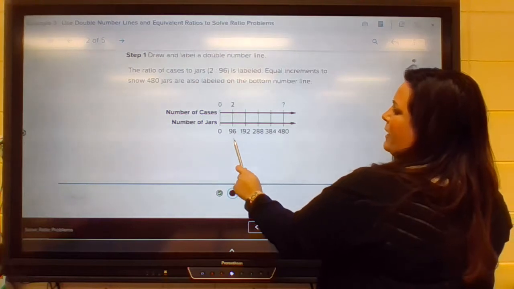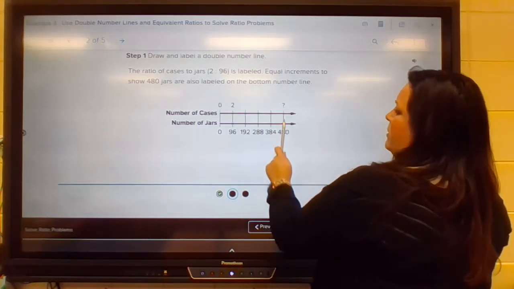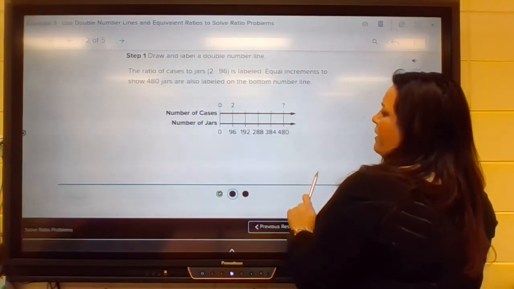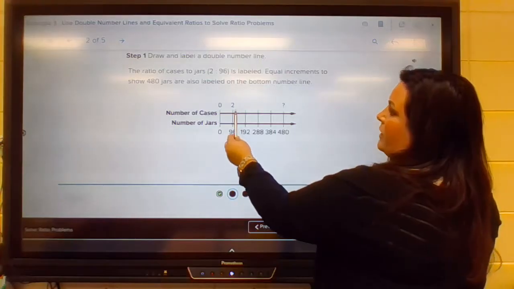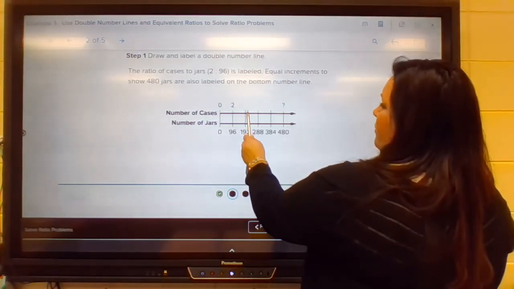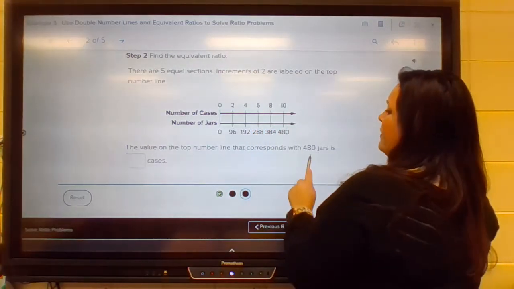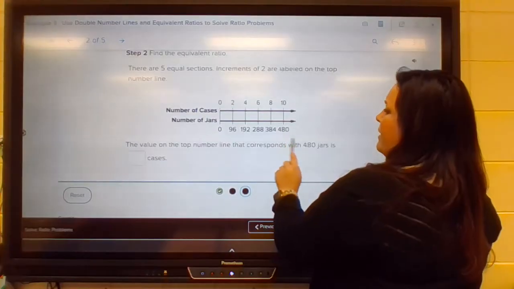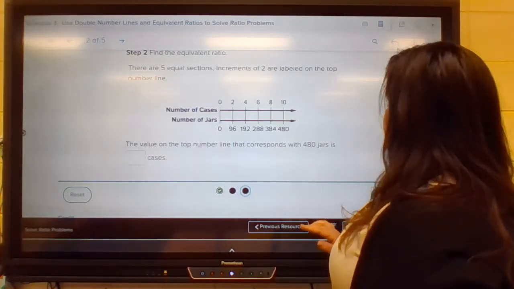So we're just going to keep going 96 plus 96 plus 96 plus 96 plus 96 until we hit that 480. We can then see that this top line is going to increase by 2, right? So this should be 2, 4, 6, 8, 10. Now, when we get to 480, we would know that the total number of cases would be 10.